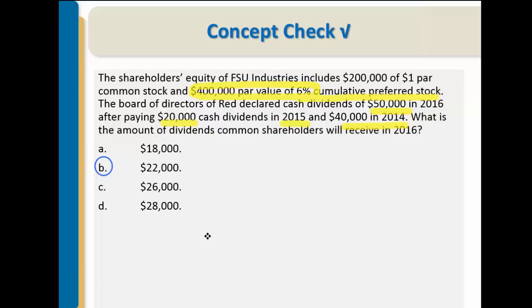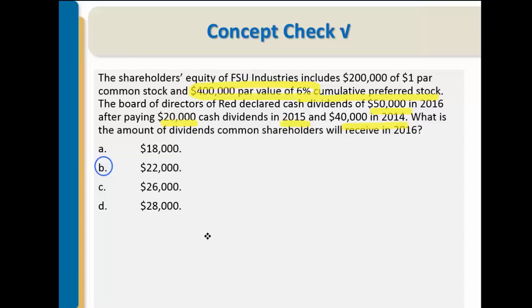So again, what we're looking at is the $400,000 of 6% cumulative stock. What happened is $50,000 in 2016, $20,000 in 2015, and $40,000 in 2014. So in 2014, we had no issue specifically related to the dividends. In 2015, we were $4,000 short. So with $4,000 short, we have to pay up.